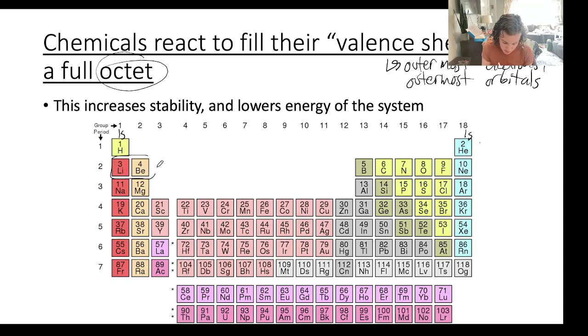Then we learned that this next row was 2s. Then as we move right, this was the 2p orbital. Then the 3s. Then the 3p orbital, etc. And we learned that electrons fill from the lowest orbitals and then go higher and higher as they fill the orbitals. So let's take, for example, the element nitrogen.